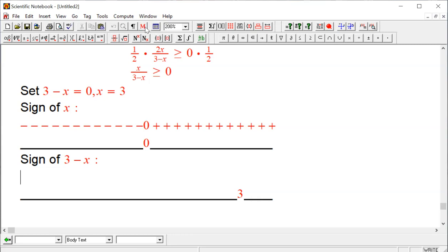So on the left-hand side it is positive. But we have to be aware of the domain. Larger than 3 is going to be negative.